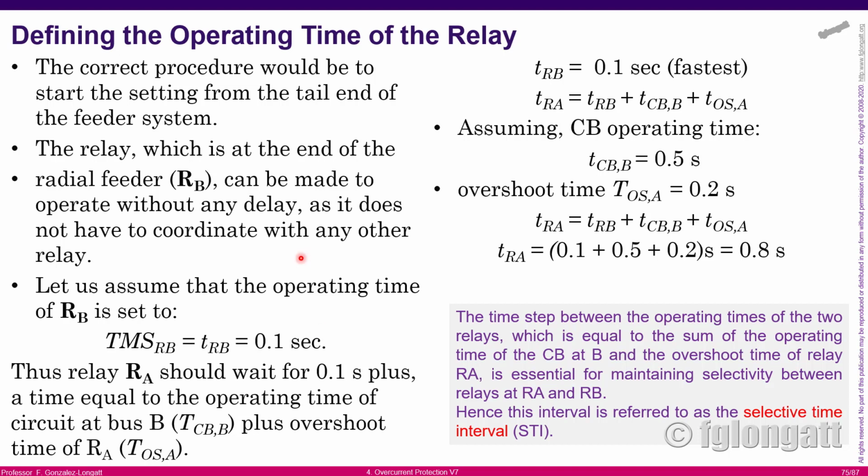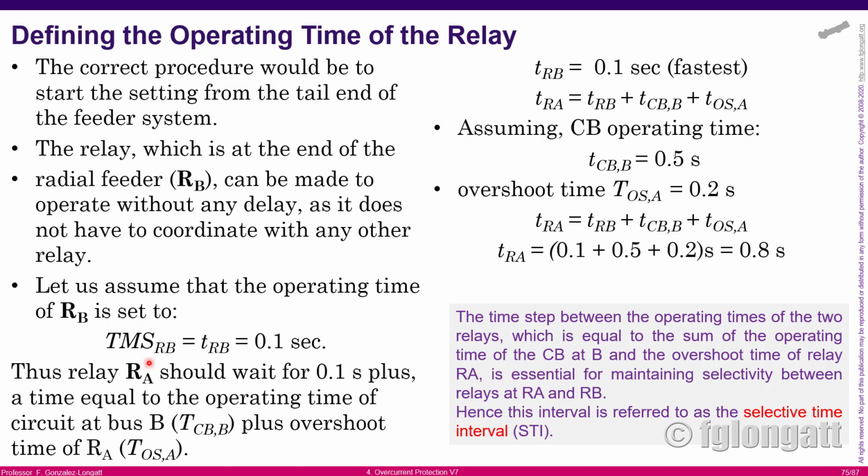However, what is the problem? If relay A is offering backup protection to relay B, it must be slower and must wait until relay B and circuit breaker B do the job.